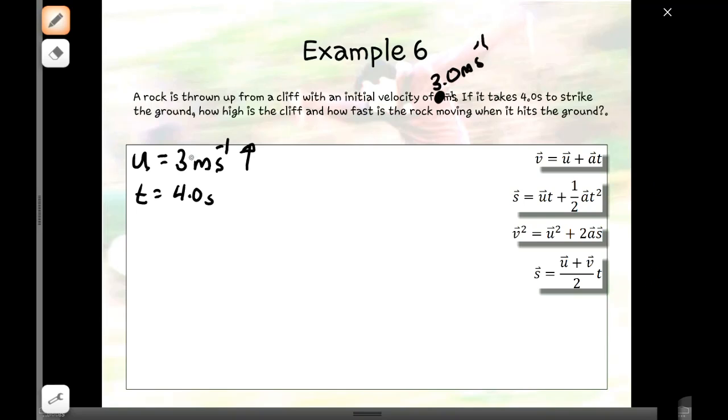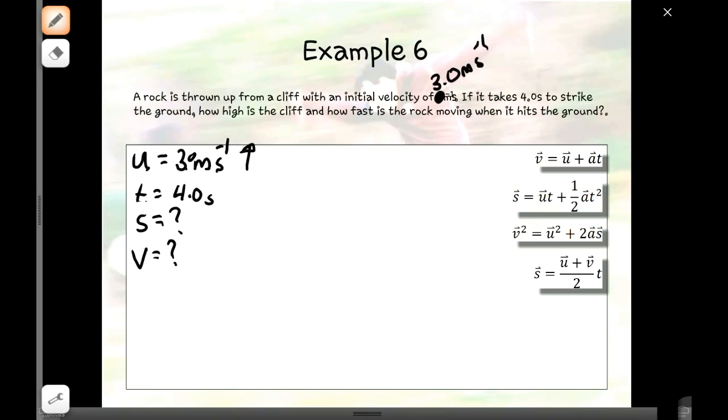That's my bad. That gives us 2 significant digits. And we want to know how high is the cliff, so this is going to be that S. And we want to know its velocity when it hits the ground.